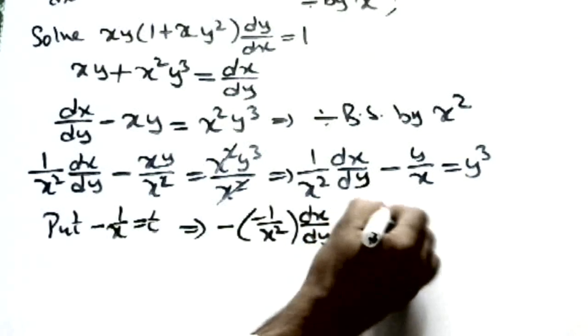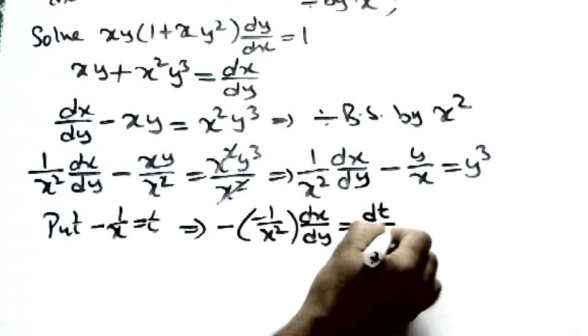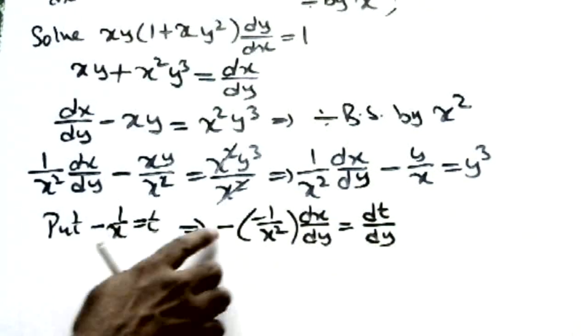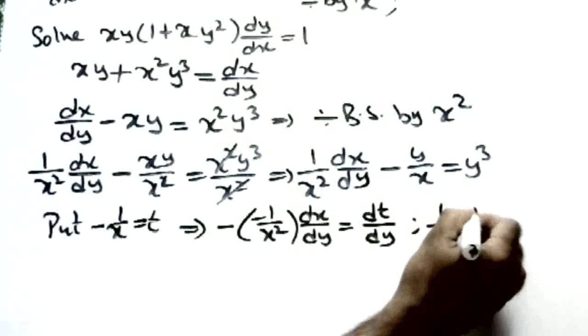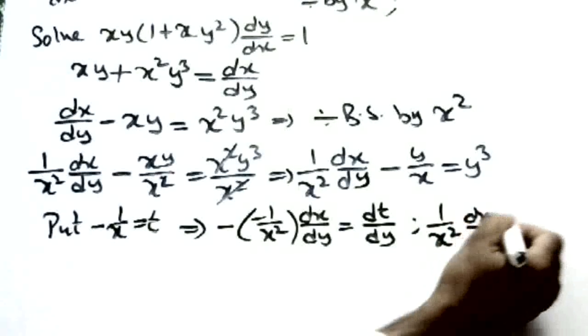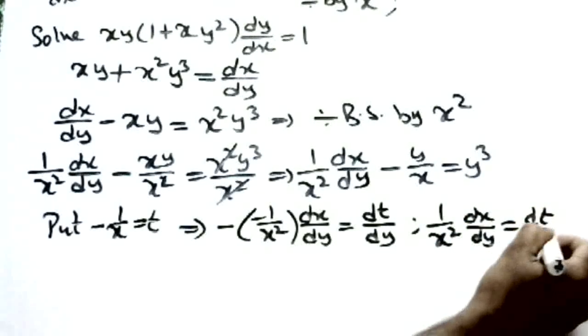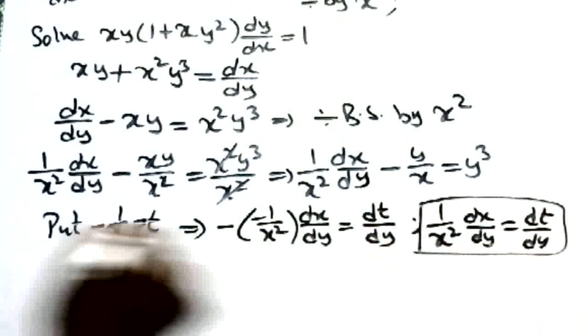The derivative of t will be 1, but we are differentiating with respect to y, therefore it will become dt by dy. Minus of minus will become plus. So it will be 1 by x squared dx by dy equals dt by dy.